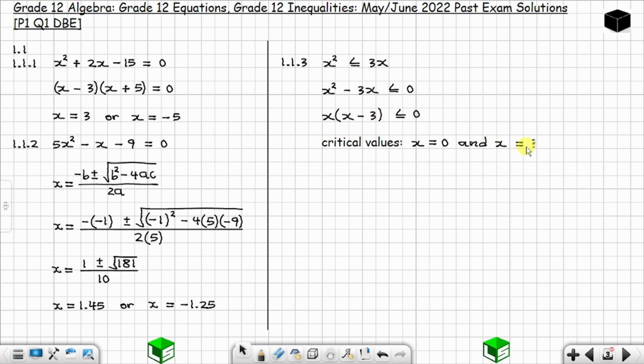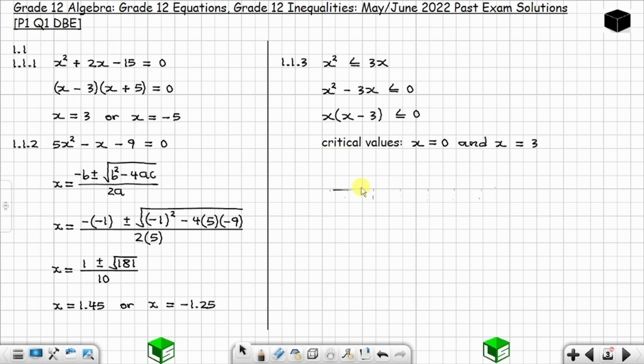So the critical values are x is equal to 0 and x is equal to 3. These are the values that will make this inequality equal to 0. When you plug them in there, you are going to make this inequality equal to 0, and we call these critical values.